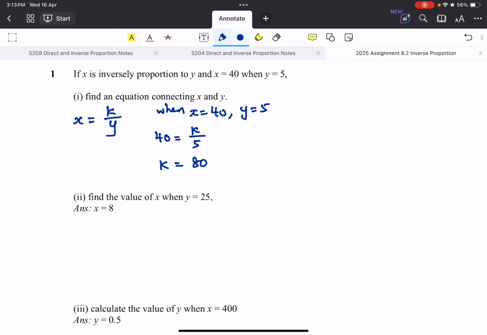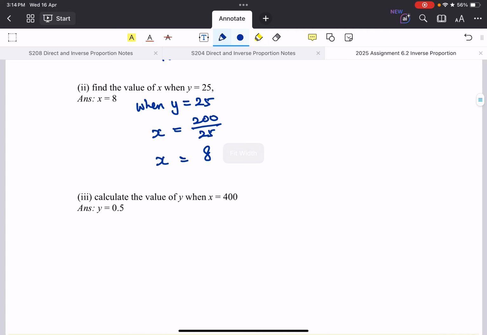No, wait, more than that. 5 times 40 is 200, right? So therefore, x is equal to 200 over y. Now we want to find the value of x when y is 25. So when y is 25, x is 200 over 25. 200 divided by 25 will give us 8.